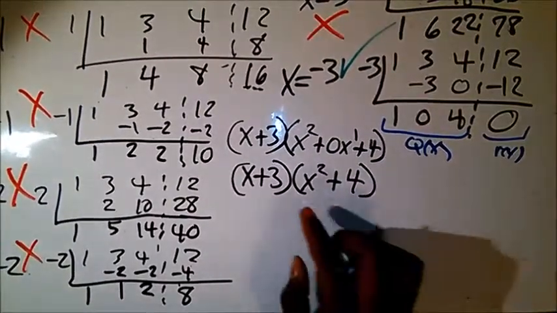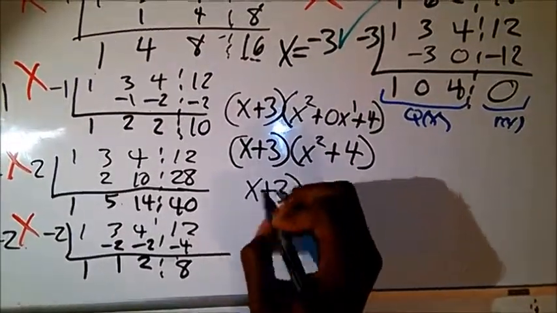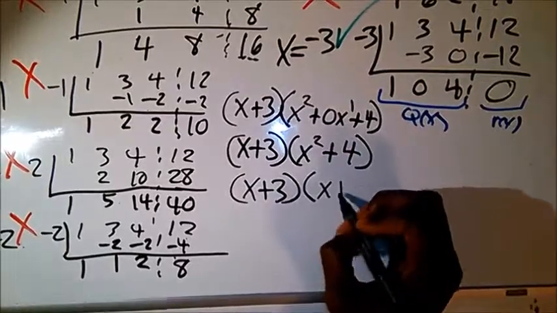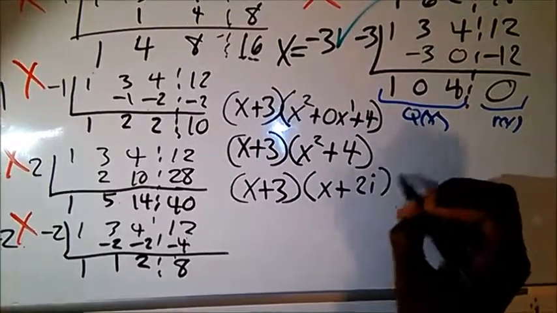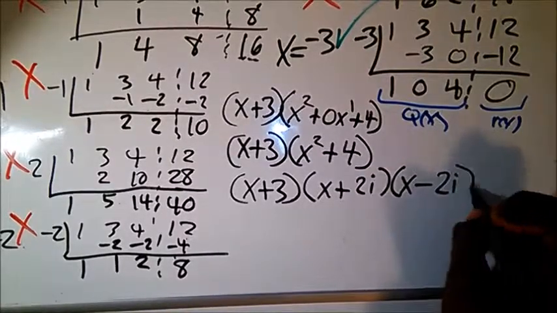Okay, and this can be further factored like this: x plus 2i times x minus 2i.